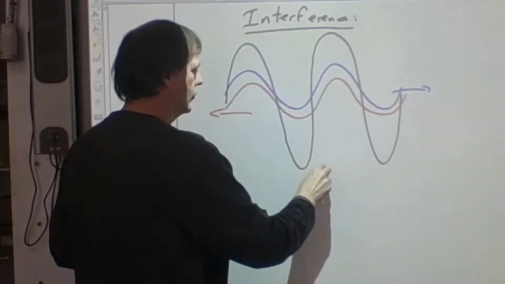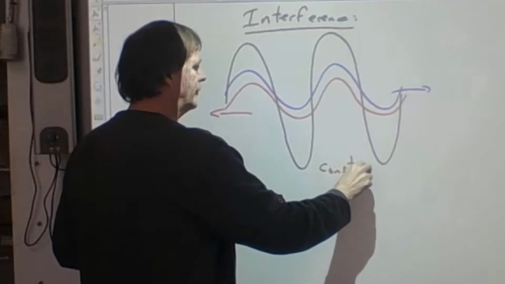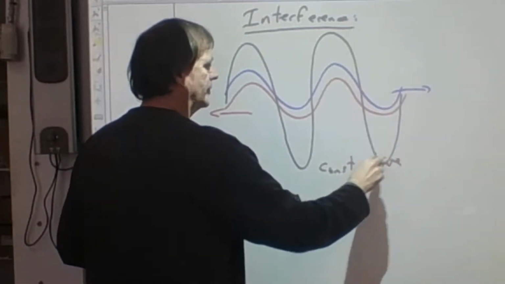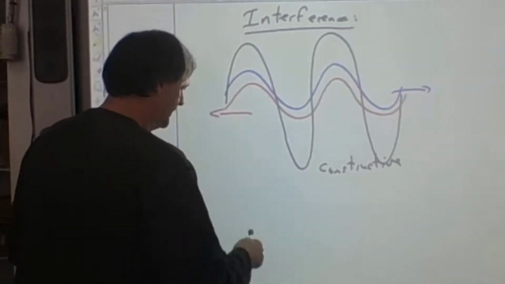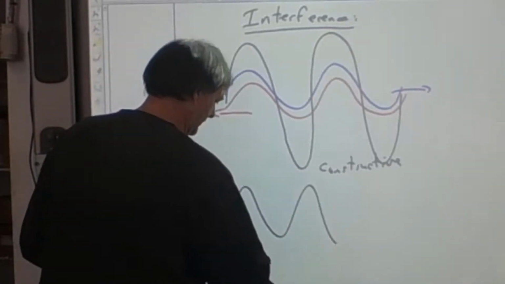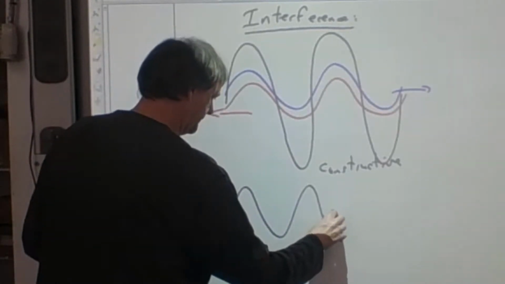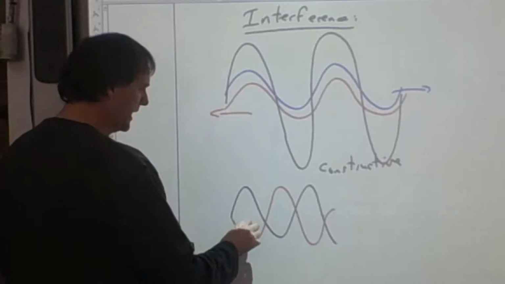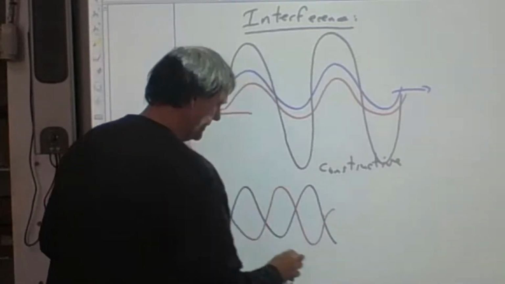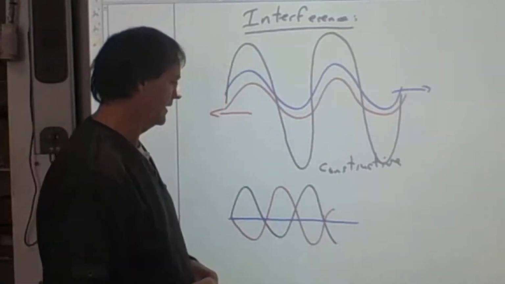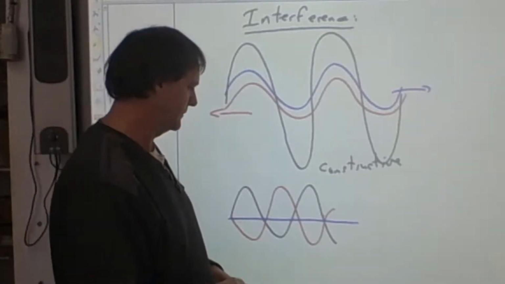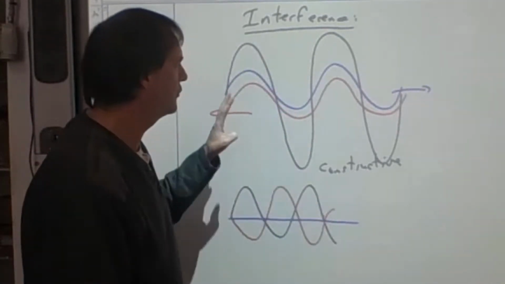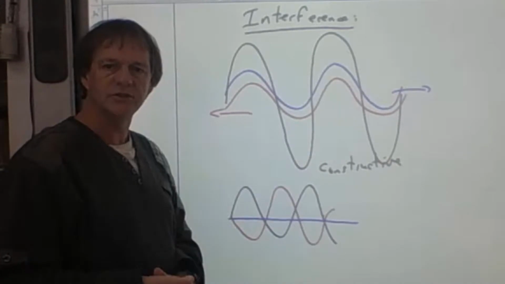So if they meet in phase, you'll get constructive interference at a point. If they meet out of phase, where one's meeting like this and the other like that, you'll get destructive interference, where they add together to give you no wave through there. So you can get a pattern of constructive and destructive interference by using two sources.